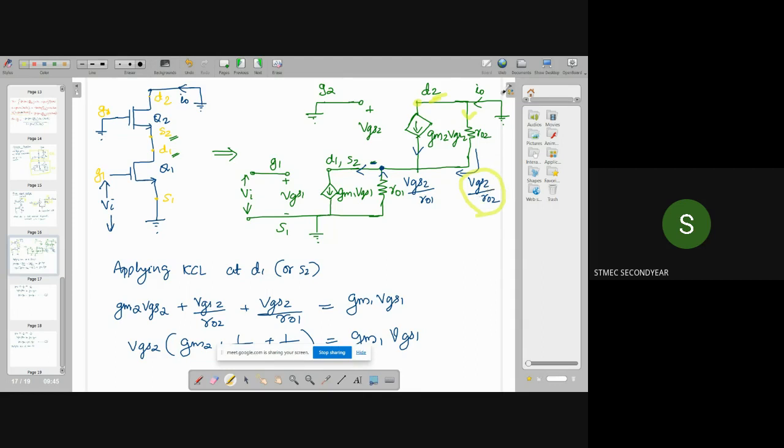So we can write the KCL at node D2: the current entering, I0, is equal to the sum of the currents leaving, that is, I0 equals GM2 into VGS2 plus VGS2 divided by R02.